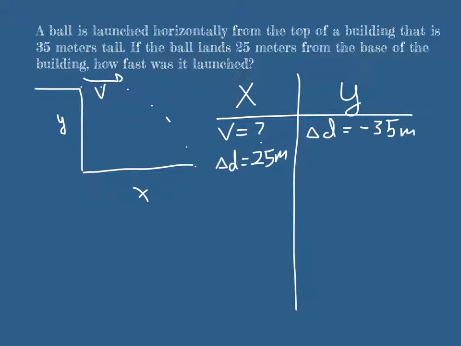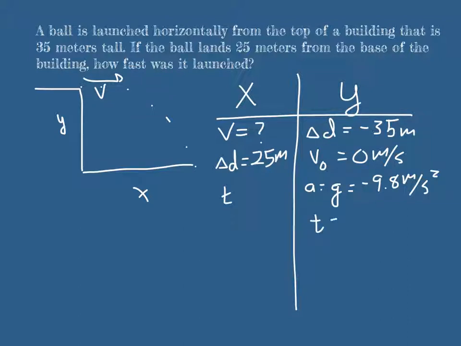And we know that since it's thrown horizontally, the initial velocity in the y direction is 0 meters per second. And we always know that the acceleration in the y direction is little g, which is a negative 9.8 meters per second squared. What we don't know on either side is the time.